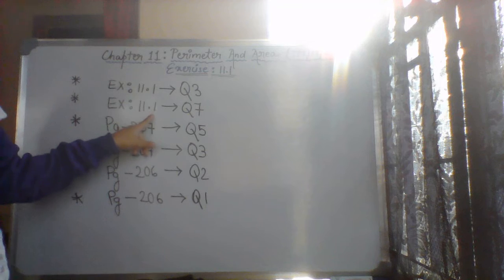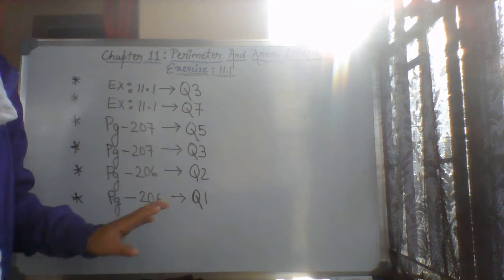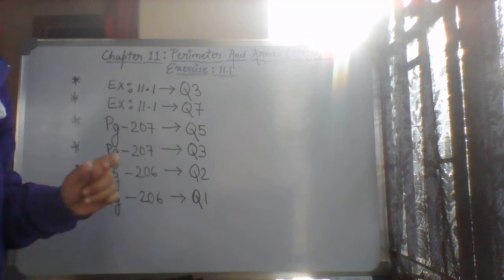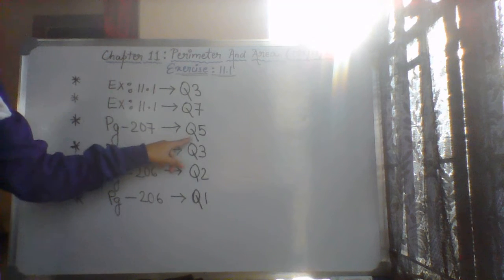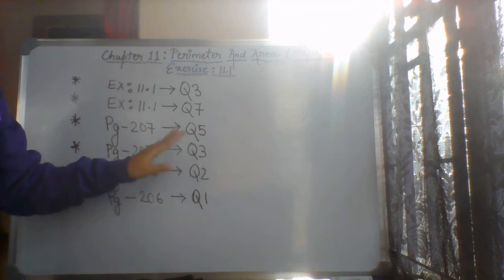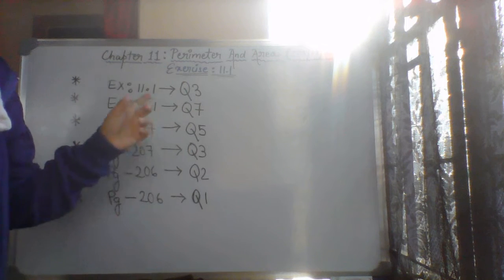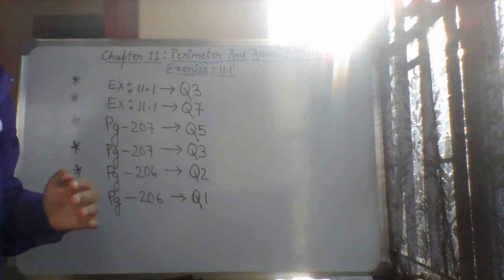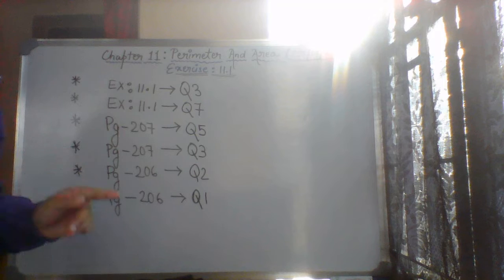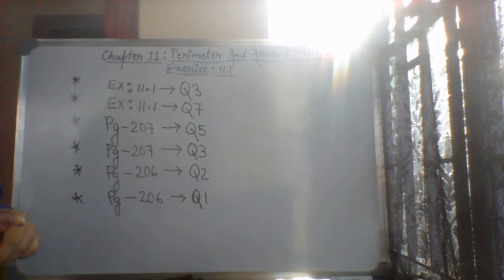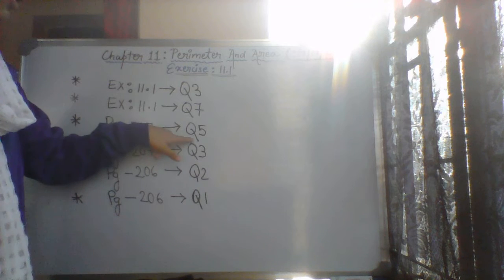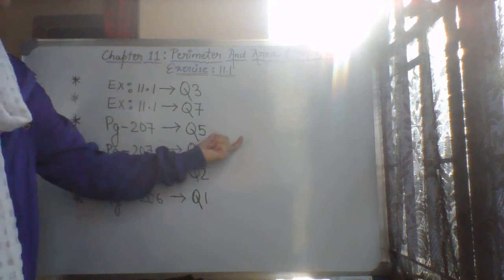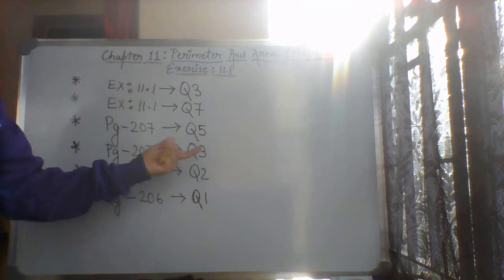Exercise 11.1 question number 7. It is also the same type we have done today. Page 207, question number 5. You will see a few examples before Exercise 11.1. Don't look at the solution, solve it by yourself. Page 207, question number 5 is written as example 5 on that page.